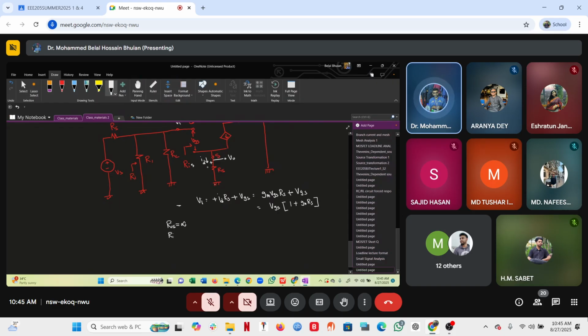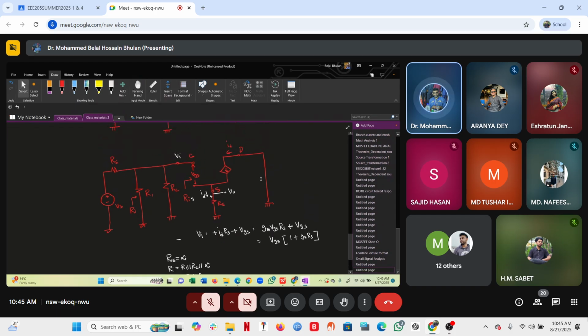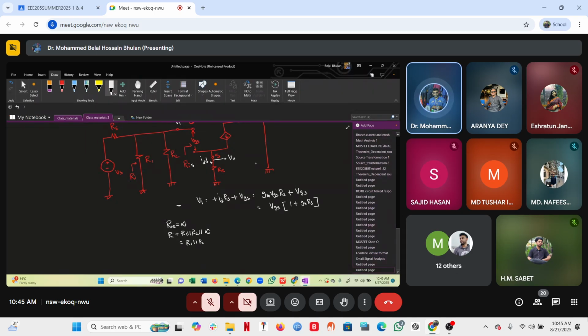And then what is RI? Looking in from here, R1 parallel R2. So R1 parallel R2 parallel infinity. That is our R1 parallel R2. And then V naught. What is V naught? V naught should simply be I_D RS.